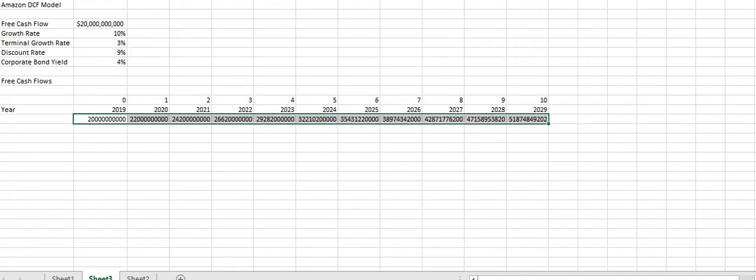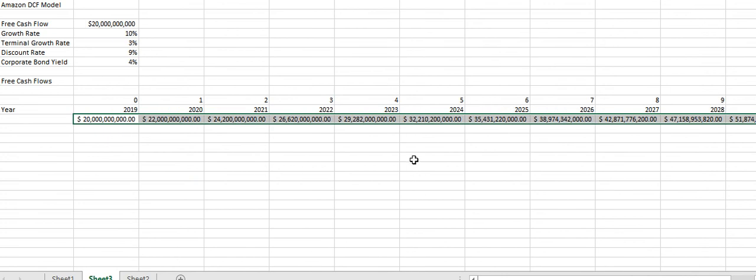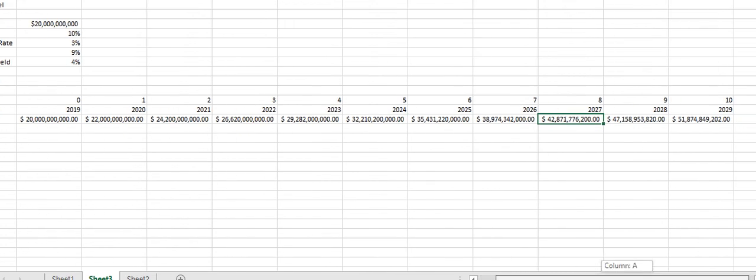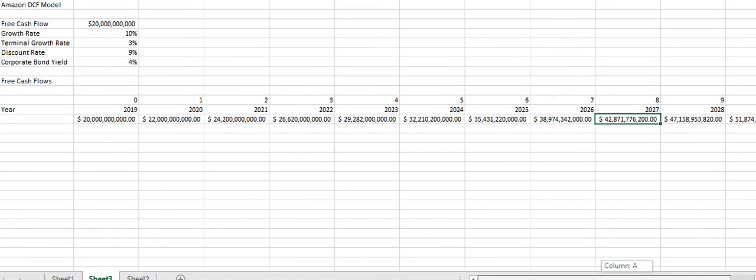And then I'm going to make these dollar amounts. These are the projected free cash flows that Amazon would be projected to earn over the years up until 2029. So we'll call this free cash flows.